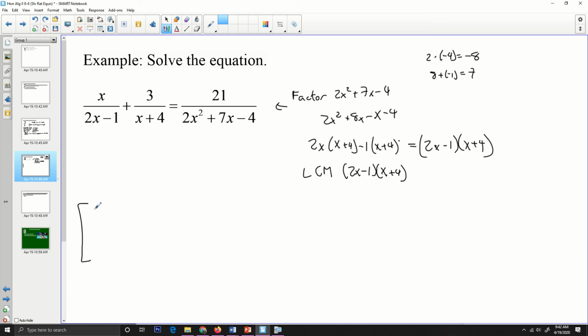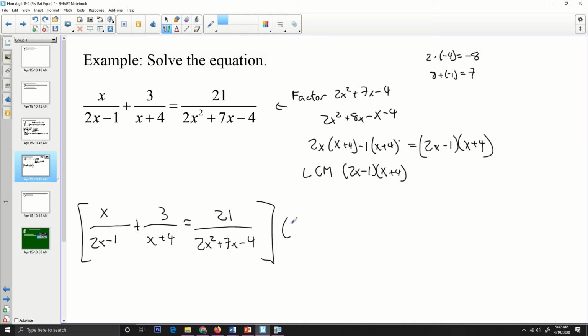We're going to take the original equation, x over 2x minus 1 plus 3 over x plus 4 equal to 21 over 2x squared plus 7x minus 4. And then we're going to multiply that by 2x minus 1 times x plus 4.